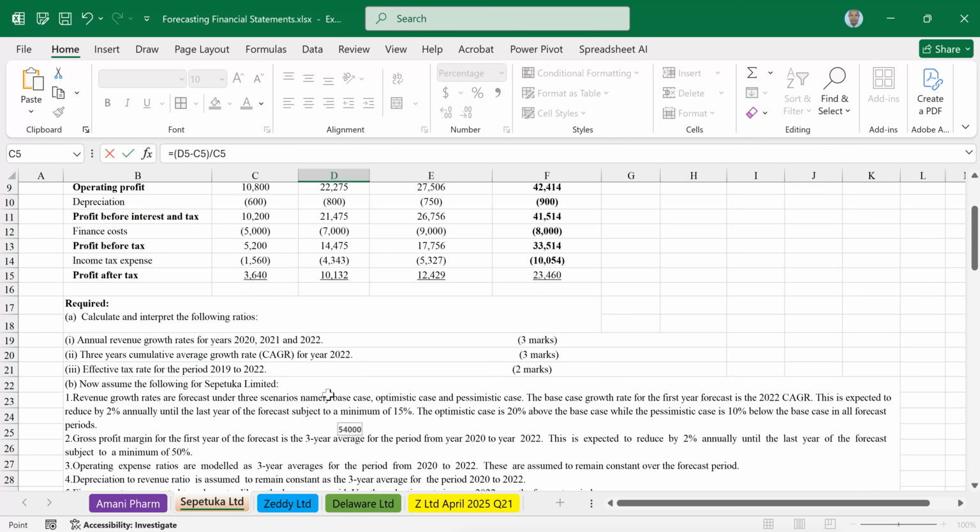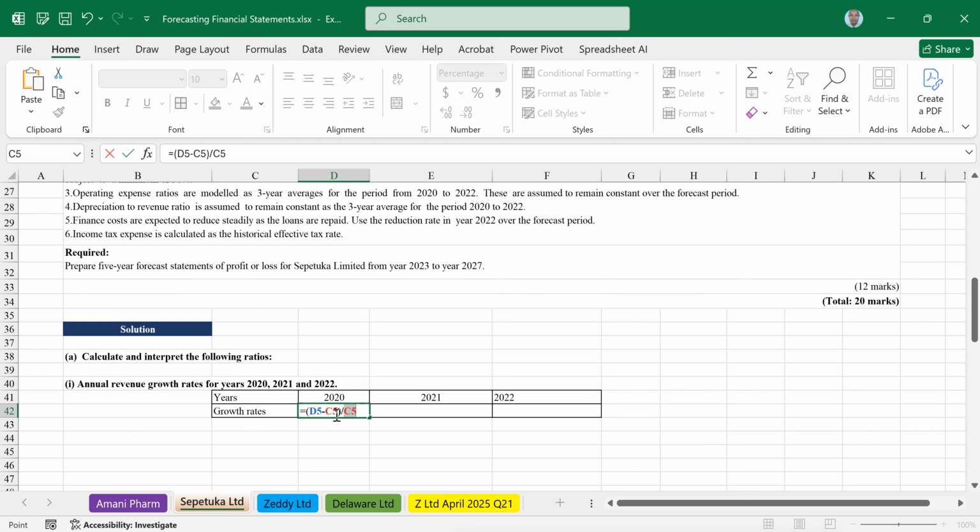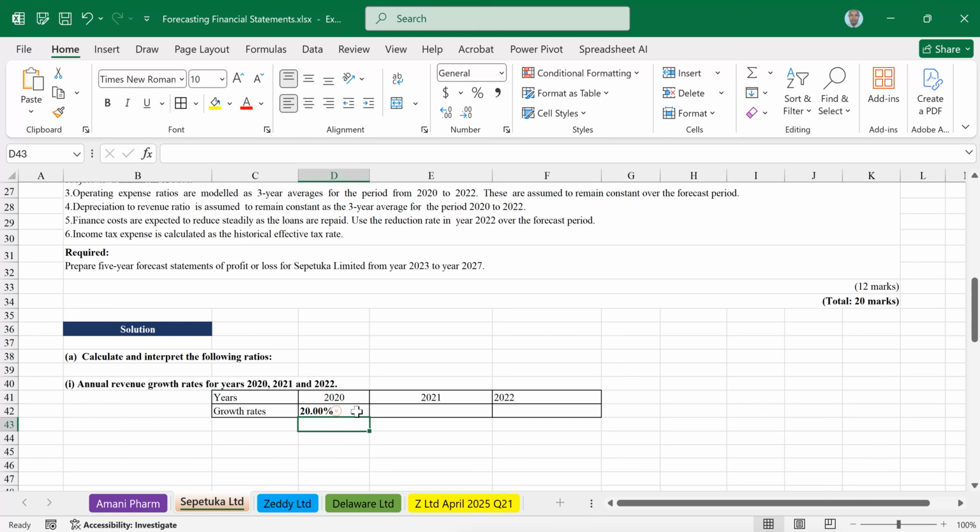So what have we done? The revenue for 2020 minus the revenue for 2019 over the revenue for 2019. You enter, that will give you the growth rate, which will be dragged across. You simply drag that across and it will give you the other revenue growth rates. That's how you get the revenue growth rates.